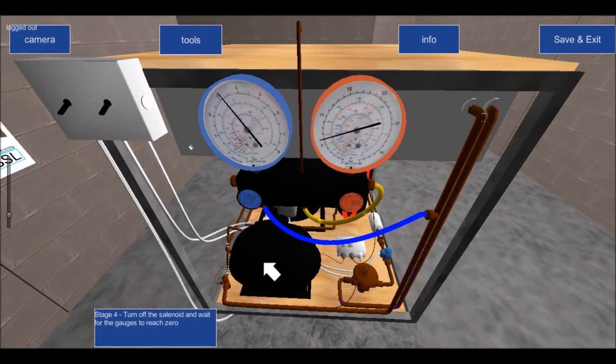And because my compressor is running, the liquid that's there boils off before it gets back to the compressor. And now you can see where my pressures have equalized. So I'm now down at about 3 bar and 3 bar, or it's probably 4.5 bar, but the pressures are equalized.